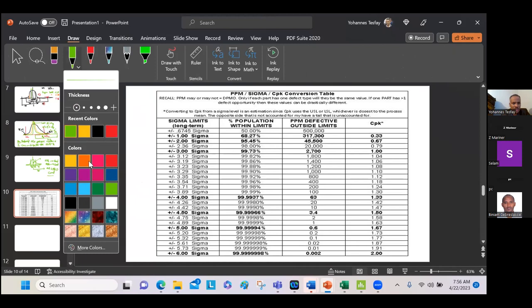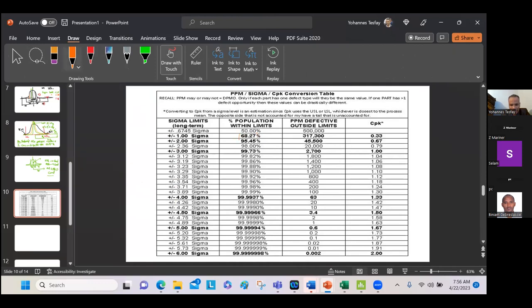Okay, so I'm gonna use this one. So you see, if it is plus or minus 1 sigma, I say like 65% or whatever, I don't know actually, but it says like 68% good. You see here, 68% good. If it is plus or minus 1 sigma.